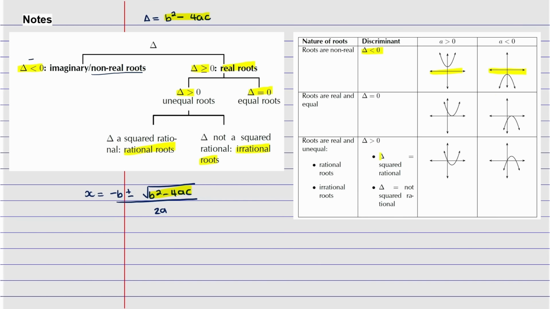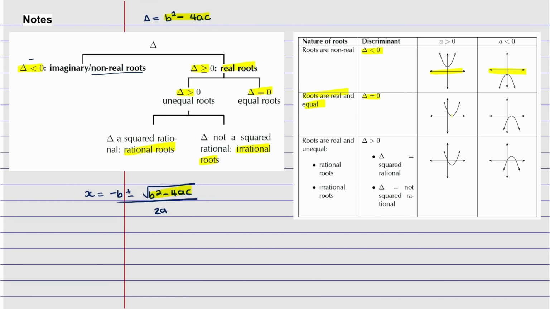That's what it means to have no roots. When they say it's an equal root, it means our turning point and the x-intercept are the same point. That's when our roots are going to be equal.